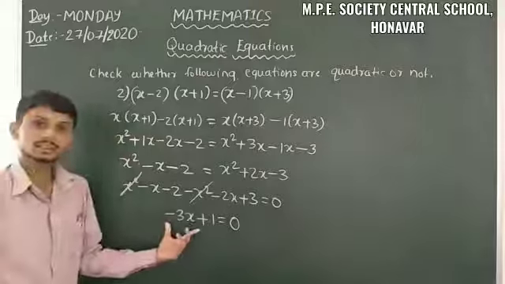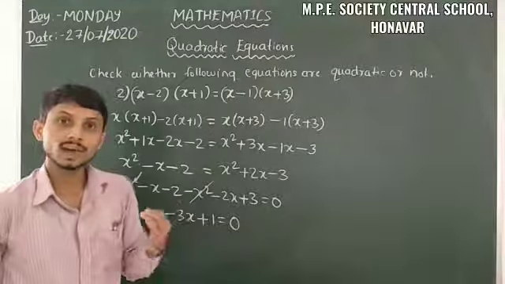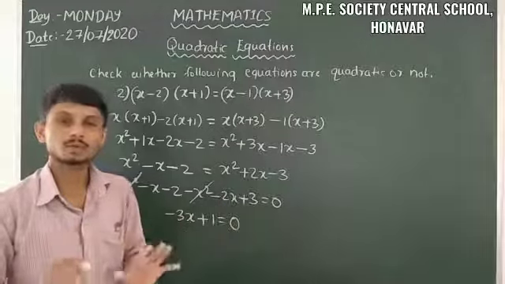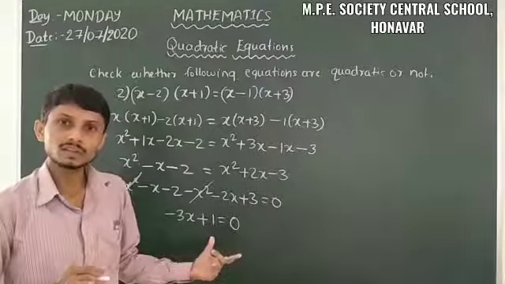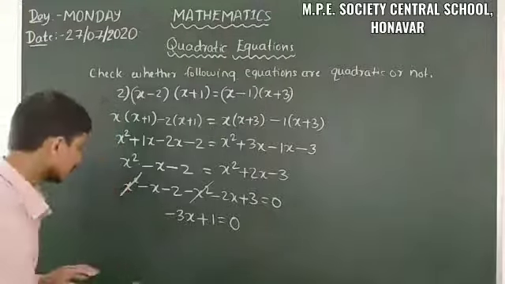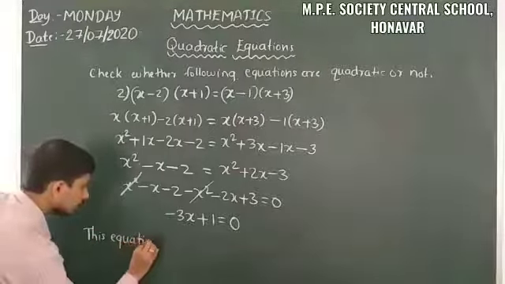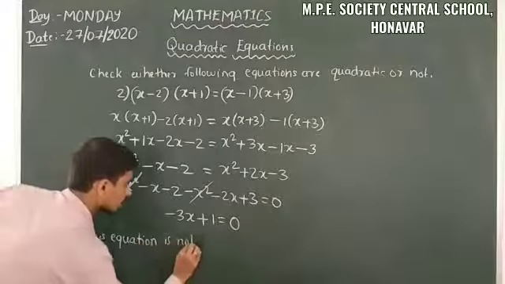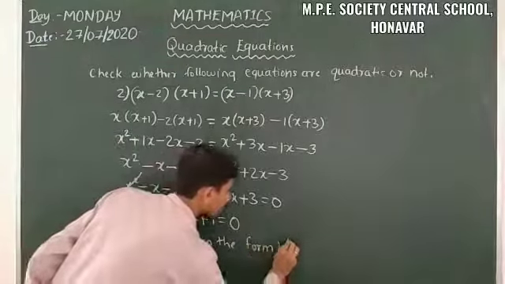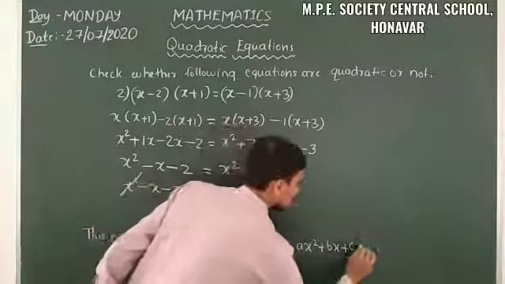So just observe here, the x square term is not here because the value of a is equal to 0. We already told that the value of a is not equal to 0. So when a is equal to 0, that means it's not in the form of a quadratic equation. So this equation is not in the form of ax square plus bx plus c is equal to 0.